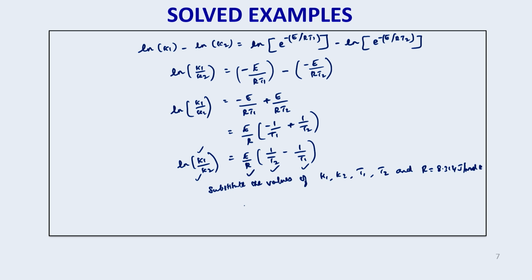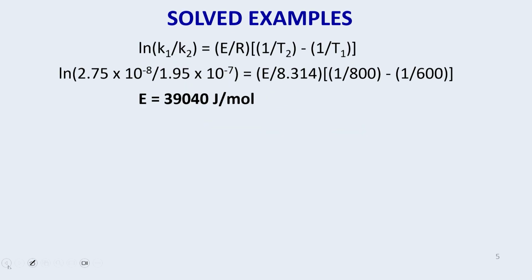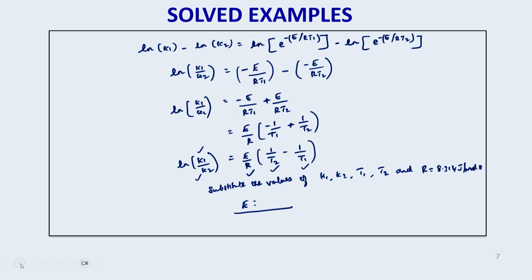And solving we get capital E, the activation energy, which is expressed by the letter capital E, that is equal to 39,040 joule per mole. So that completes this numerical question.